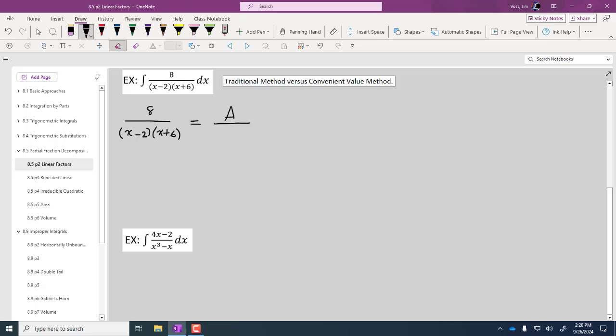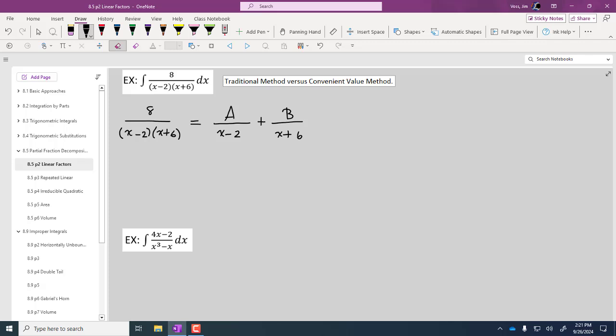We're going to create a fraction with the x minus 2 factor and a fraction with the x plus 6 factor. There will be numeric constants for which that equation will be true, and that is our goal. Find A and B. Now we're back to algebra 2, if they call it that anymore. Intermediate algebra, if they call it that anymore. Math 2.